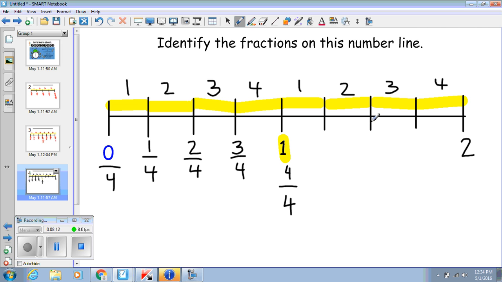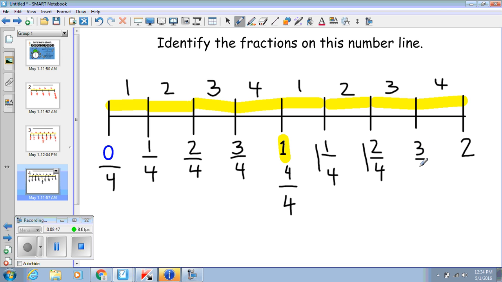Okay, so now we're going to have another number line that has been added to this one. So this point is, again, 1/4. It is 1 and 1/4 of the way. This is 2/4. 1 and 2/4.